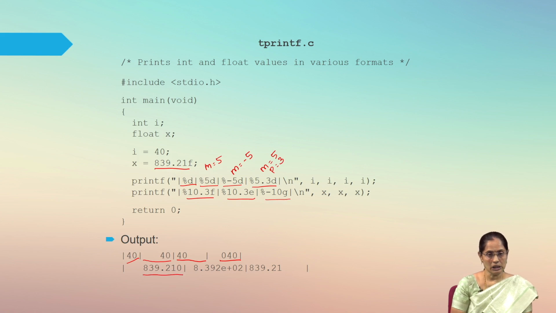If I am using e, I will get the exponential notation, mantissa e exponent part, and the last is using g, but then it is minus 10. So, it is left justified with removal of trailing zeros. Percentage g will not allow the trailing zeros, hence the trailing zeros are removed here. So, these are the ways that the floating point values can be handled.